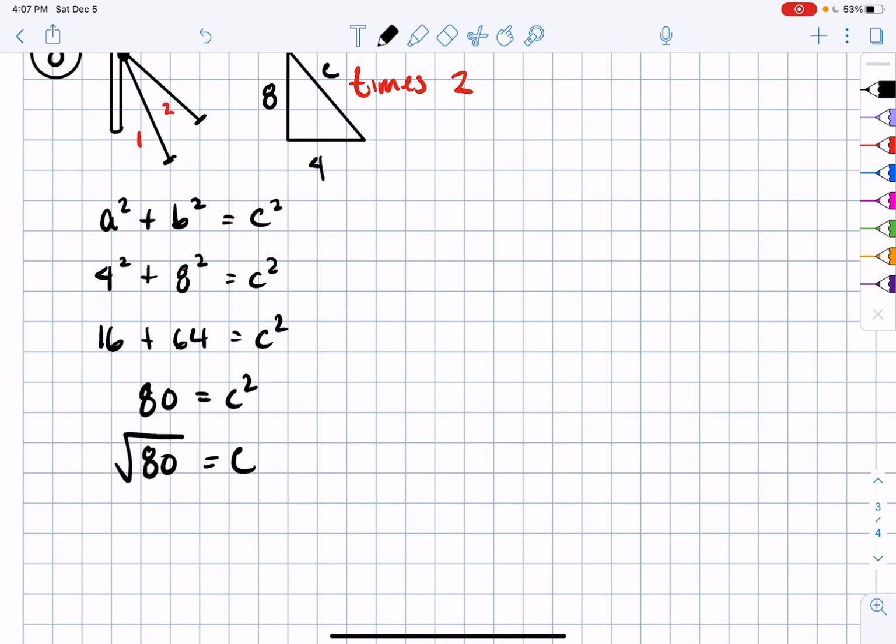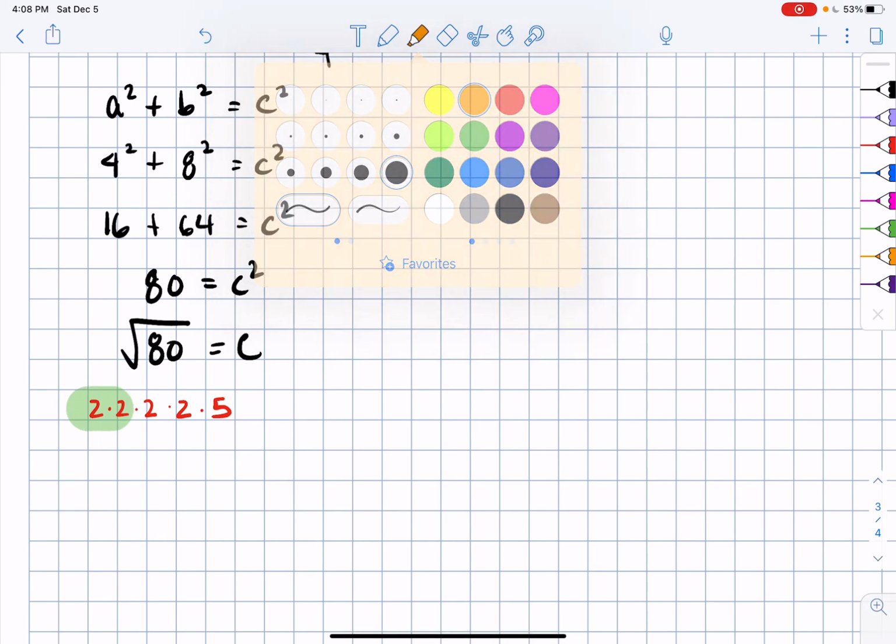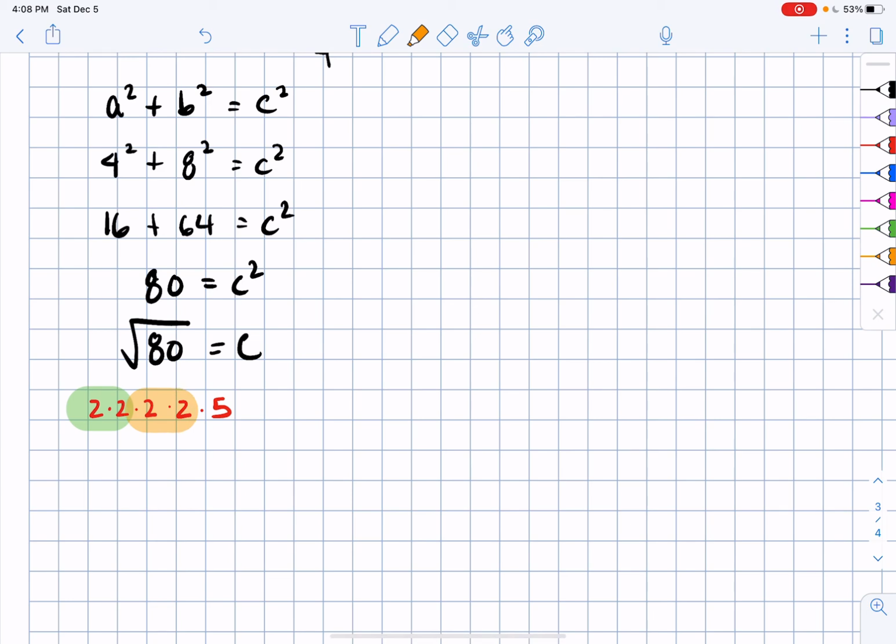And you can break down 80, right? 80 can break down to what? 2 times 2 times 2 times 2 times 5. There we go. That looks better. Right? And what I have here is I got a pair there, and I also have a pair here. Okay?